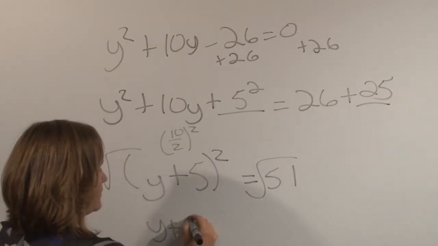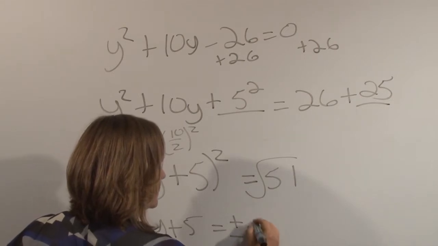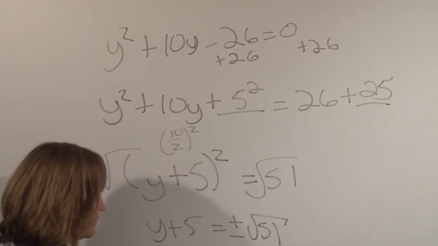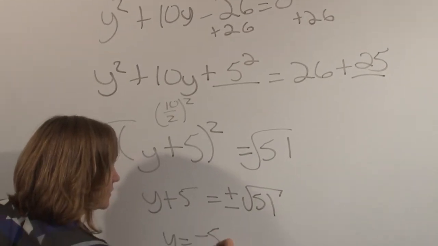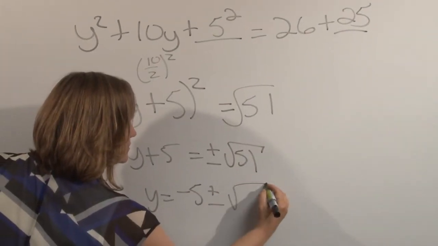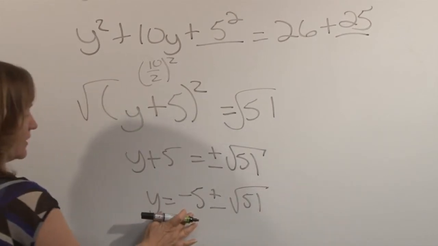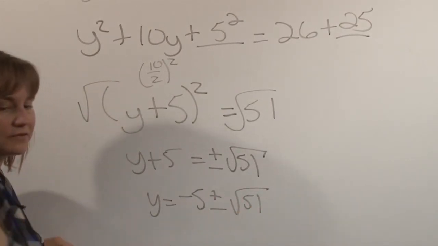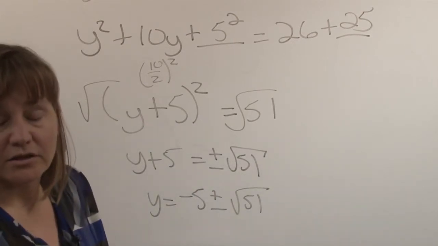Y plus 5 is equal to a positive and a negative square root of 51. Subtracting 5 from both sides, we've got both of our answers. Negative 5 minus root 51 and negative 5 plus the square root of 51. That is the first case.